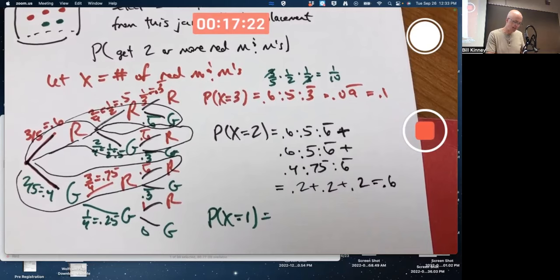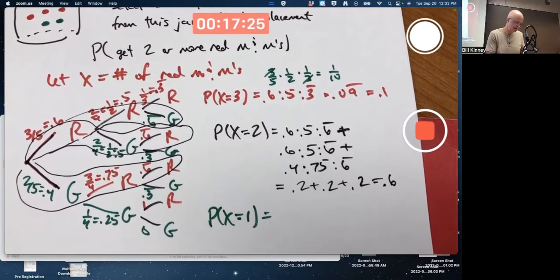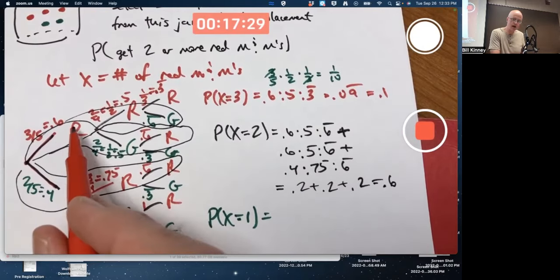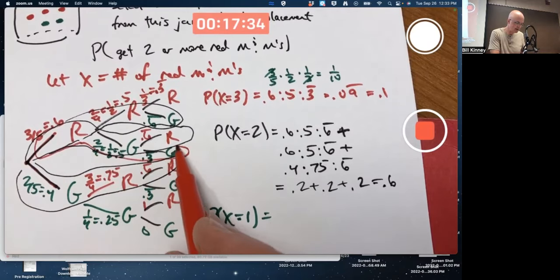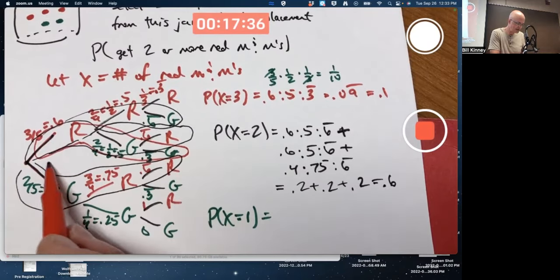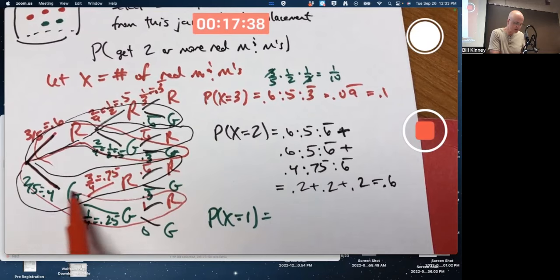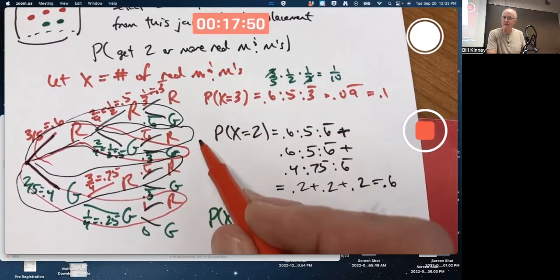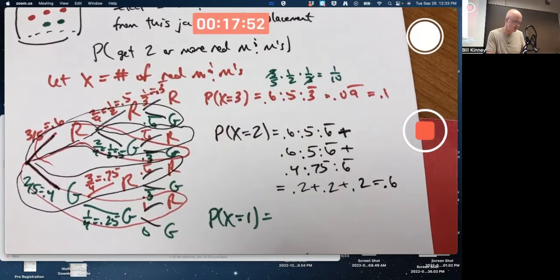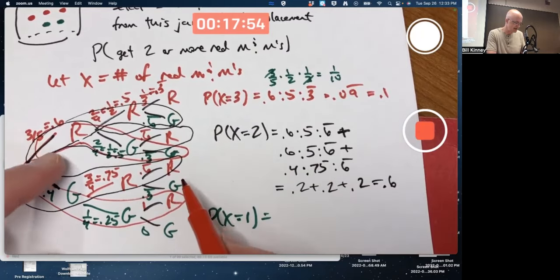The only way that's going to happen is, oh, there's 2 ways it can happen. Going along this path and this path. The final path along the bottom can't happen because that probability is 0. Might be nicer to just do your products and put the answers here and then do your work over here, because this is getting kind of messy.